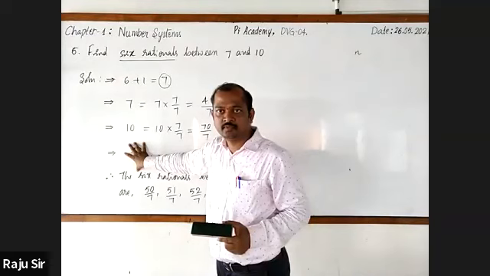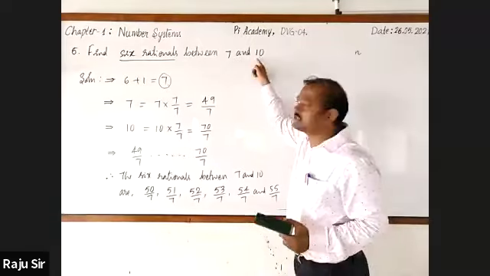We are going to write the rational numbers between 7 and 10.